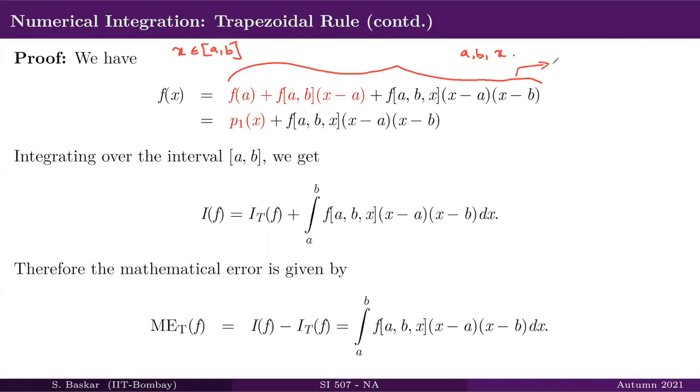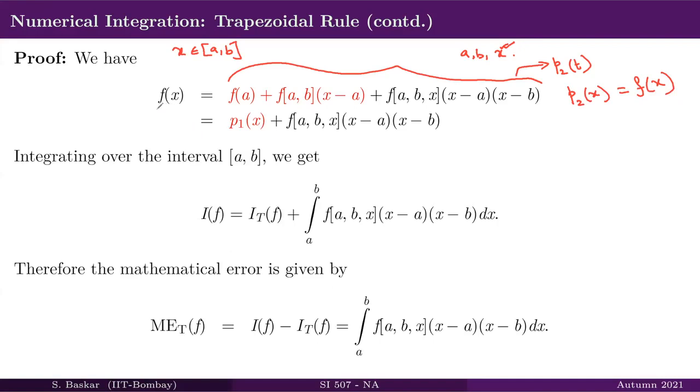So let's call this P2 of t, which is obtained by replacing x minus a by t minus a and x minus b by t minus b. Now, since x is one of the interpolating points, if we evaluate P2 at the point x, we will get f of x by the interpolation condition.